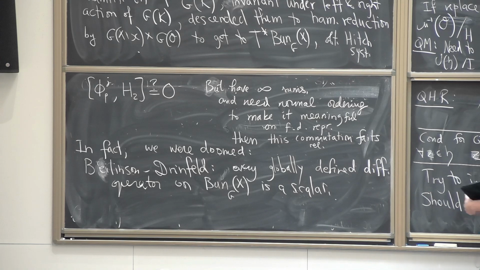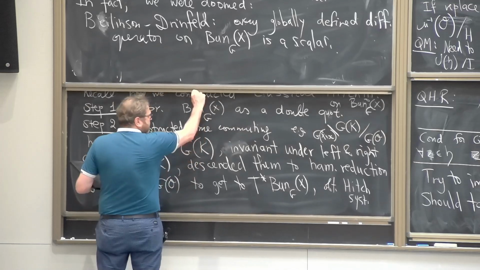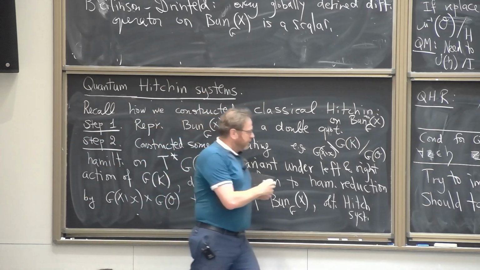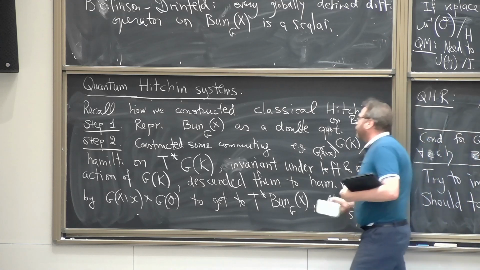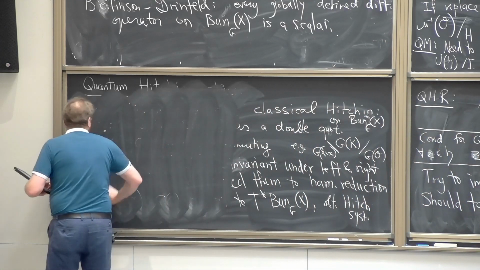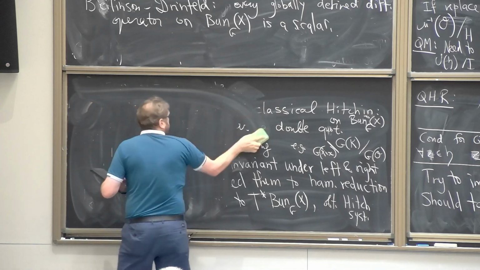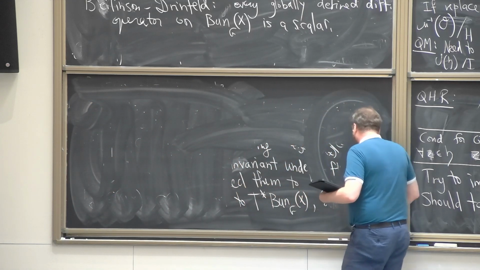However, we should recall something from physics to save the day. What we should recall is that differential operators acting on functions on a manifold are actually not the most natural quantization of functions on the cotangent bundle.